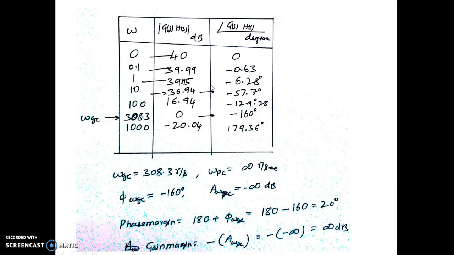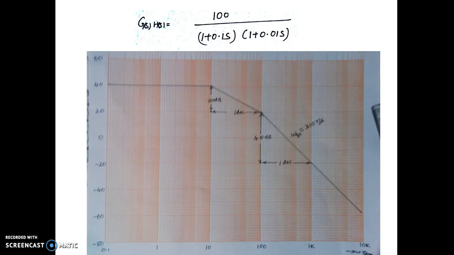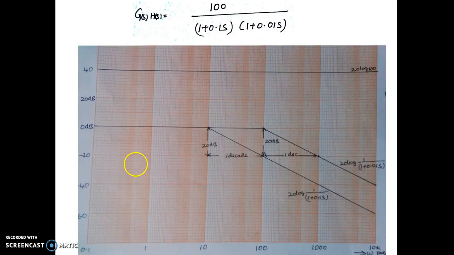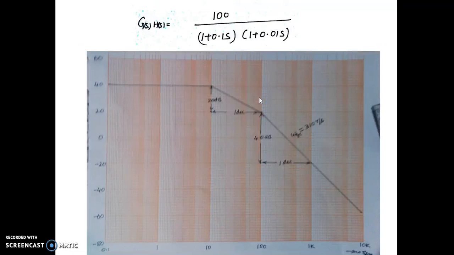Afterwards we know that the second term is contributing a slope of minus 20 dB per decade. So when we add this plus this plus this, from the 40 dB point it comes down by 20 dB per decade till the next cutoff frequency. That's what is happening here. So this is the resultant plot.